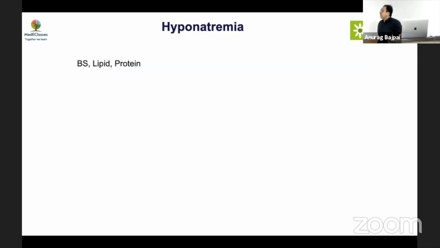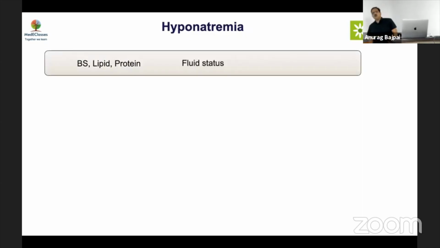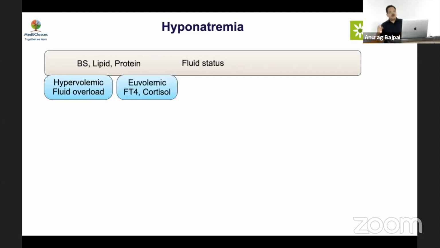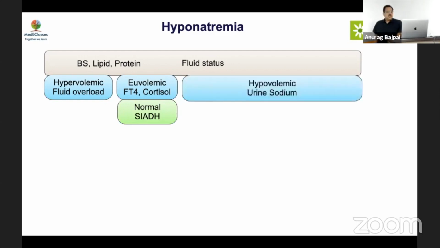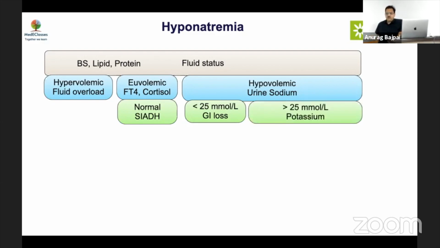So if you have hyponatremia, look at blood sugar, lipids and protein. If fluid status shows hypervolemia, it's fluid overload: cardiac, renal, liver. If it's euvolemic, look at thyroid and cortisol; if those are normal, it is SIADH. If it is hypovolemic, now it is a bit of a thing. So you have dehydration with hyponatremia. Look at urinary sodium. If the urinary sodium is low, it is non-renal; something else is causing the loss, so GI loss. If it's more than 25, look at potassium.